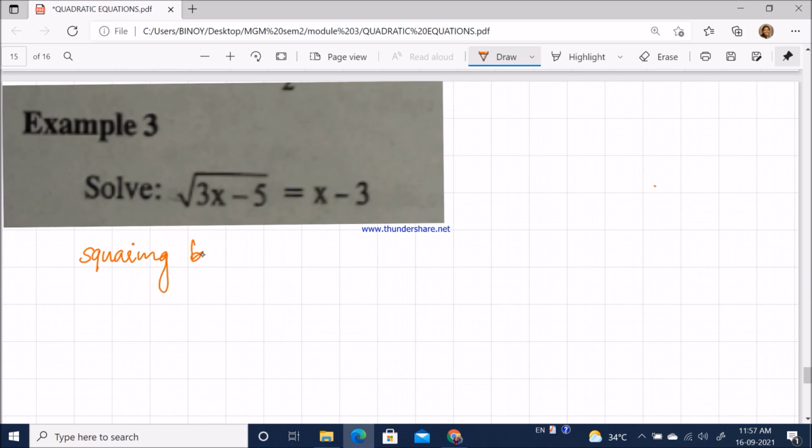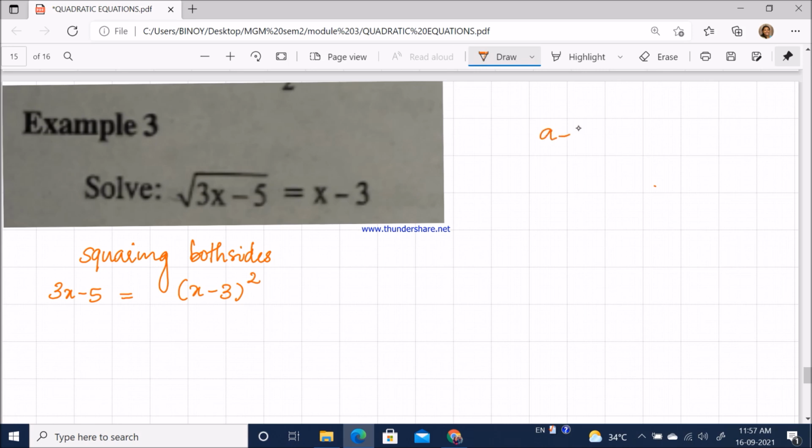Squaring both sides. Why are we squaring? In order to get rid of the square root, we square on both sides. So the LHS will be 3x minus 5 is equal to (x minus 3) whole square.